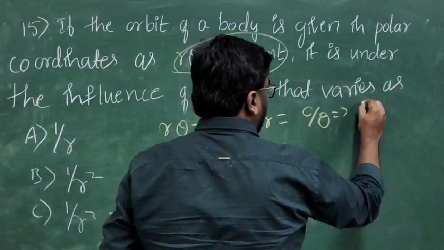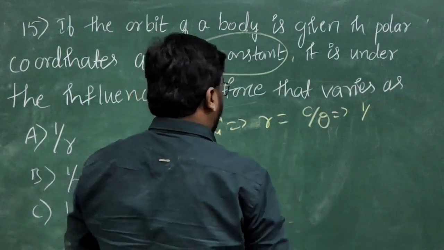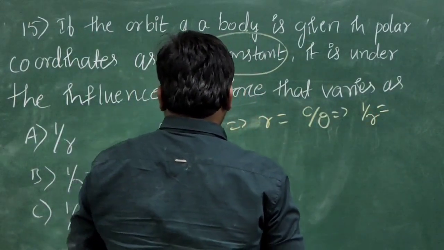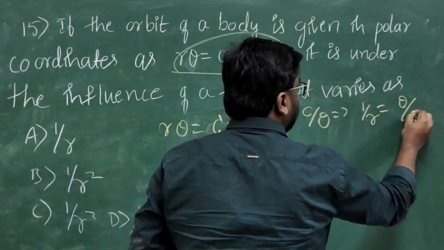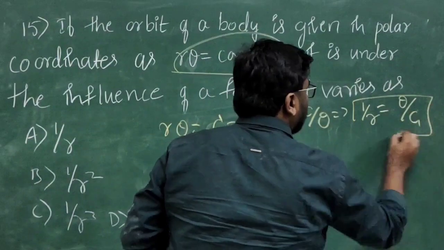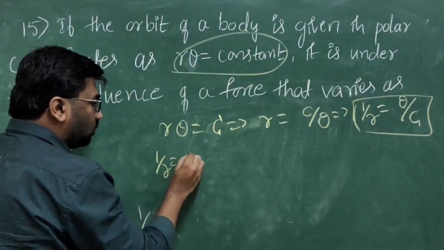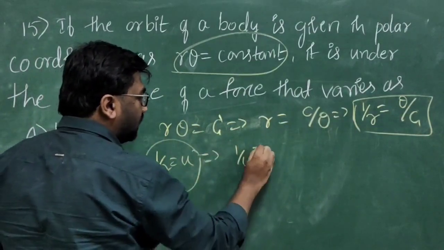Then 1 by r is equal to theta by c. Now let us consider 1 by r is equal to u, then 1 by u is nothing but r.